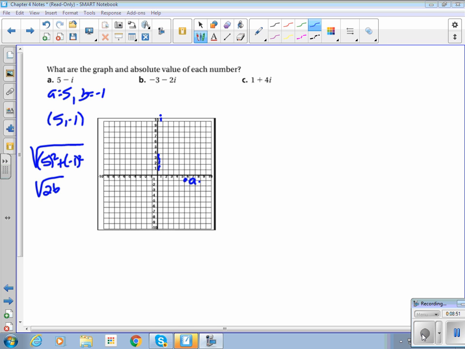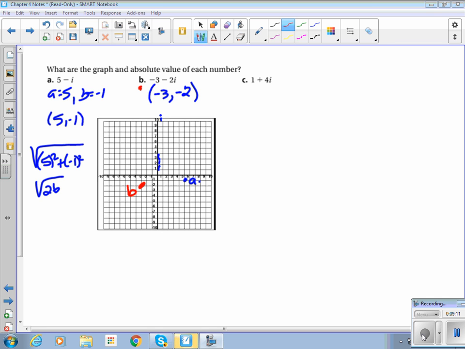All right, so here we have our a is -3 and our b is -2. I'm going to switch colors so that we can see it a little bit better. It's going to be red. So we have -3, -2, and that's b.